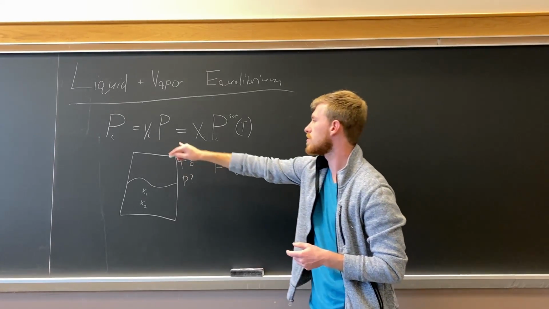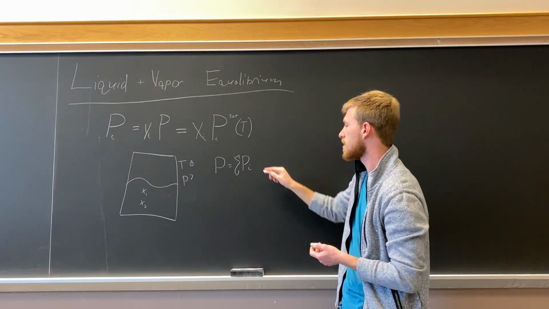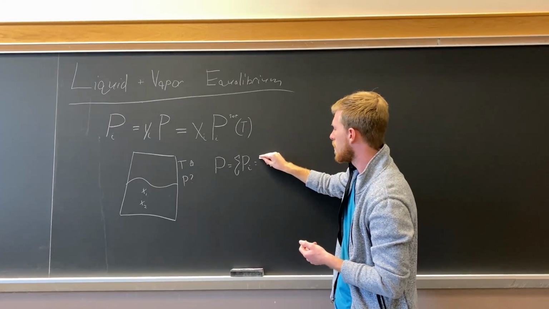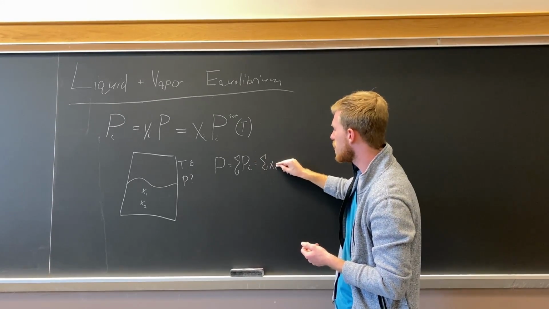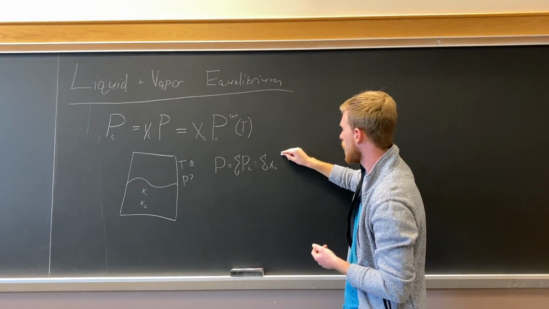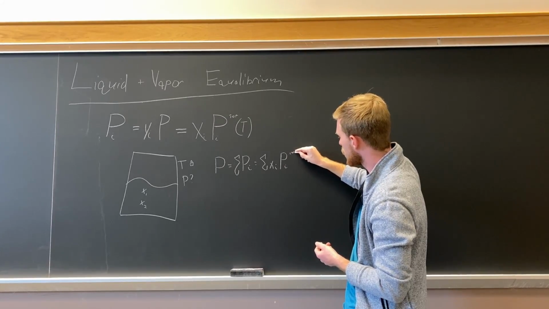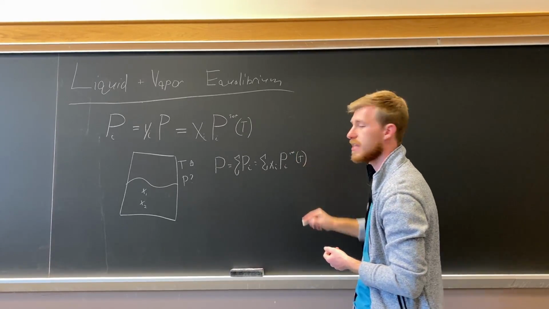And now, because we can see right here, Raoult's law of equivalence tells us that this is exactly the same as the sum of each component's mole fraction in the mixture multiplied by their saturation pressure, which is again a function of temperature.